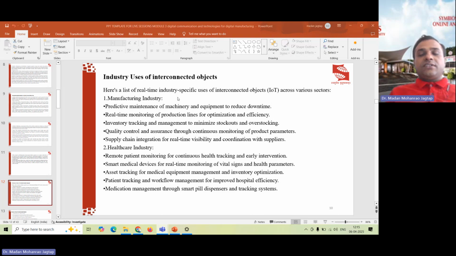So these are the uses in the healthcare industry. We can do these through interconnected objects. There are various uses of interconnected objects in various industries, so we will see them one by one.